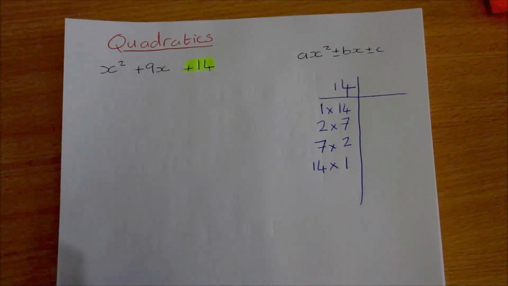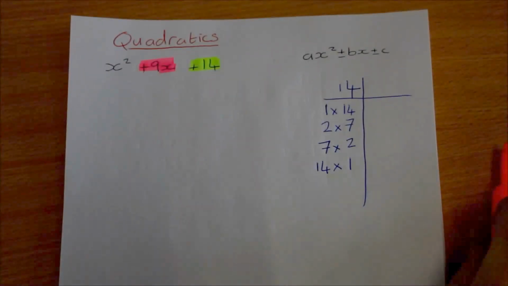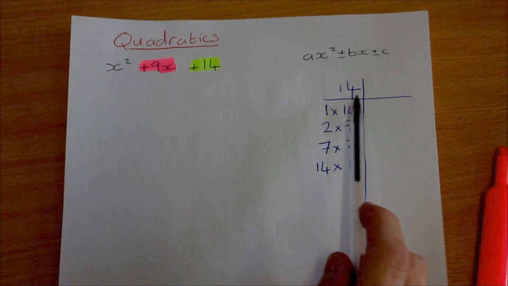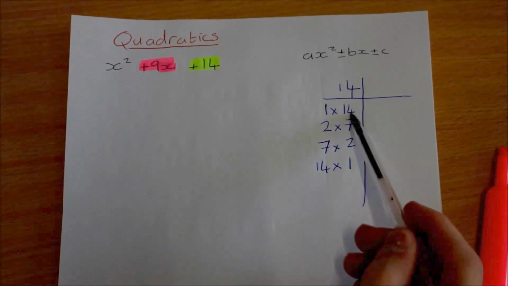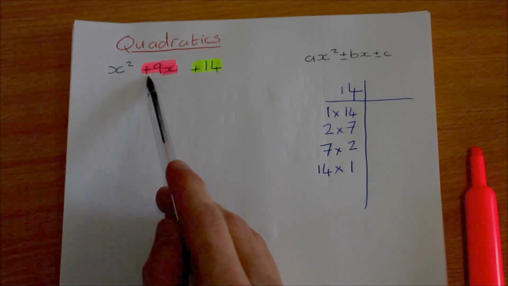Okay? The next thing we're going to do is look at our middle term here. In this example, it is plus 9x. What we want is some of the factors of our guide number, 14. If we were to add up the factors, would any of them add up to our middle term here?